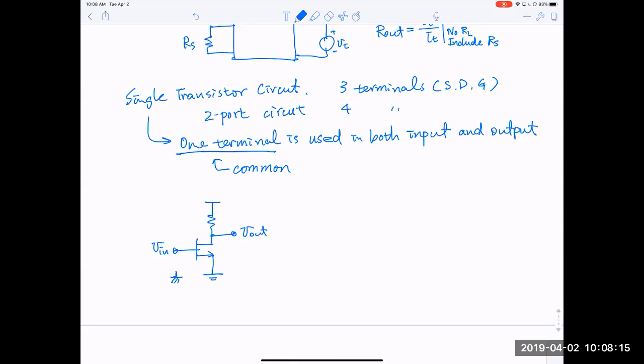Vin is really referring to ground. Vout is also referring to ground. So ground is connected to source. Source is used twice. So this is known as a common source amplifier.